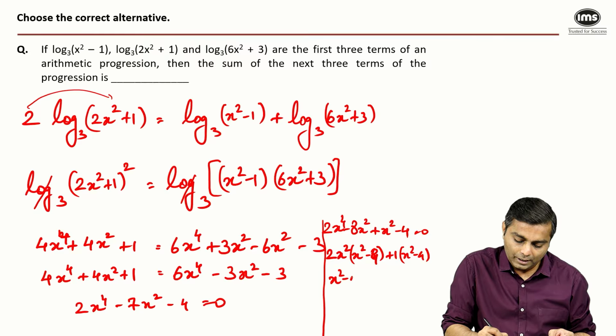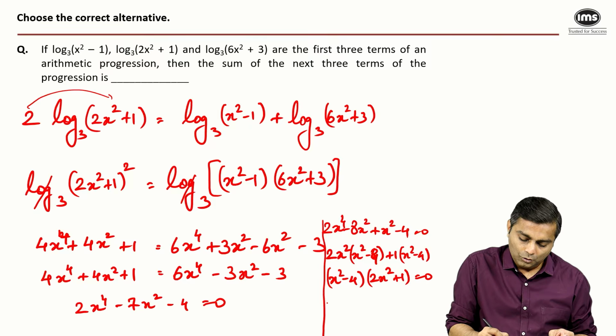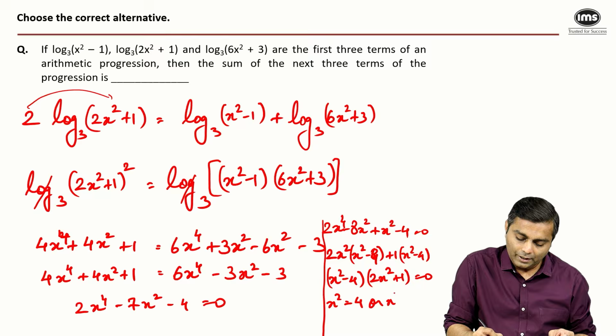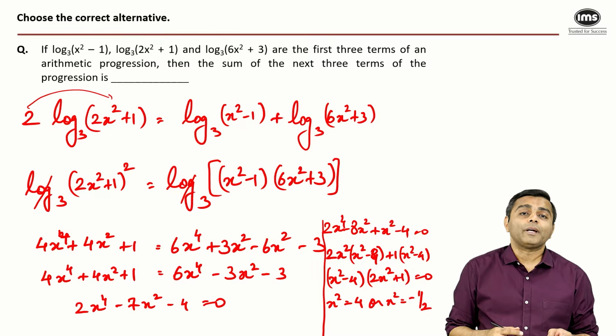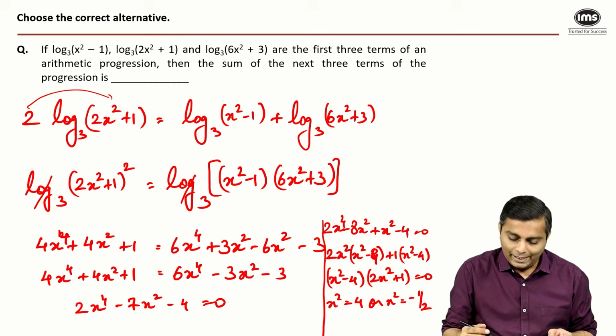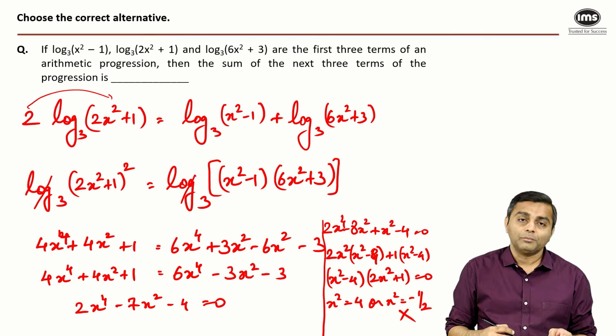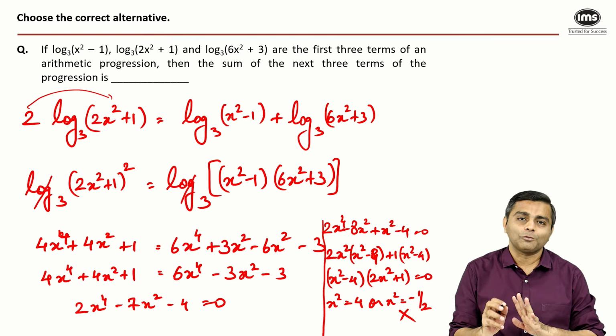You have x square minus 4 times 2x square plus 1 is equal to 0. So x square will be equal to 4, or x square will be equal to minus half. Square of a number can't be negative. So I'm going to straight away eliminate this, and x square is equal to 4 is what we know.